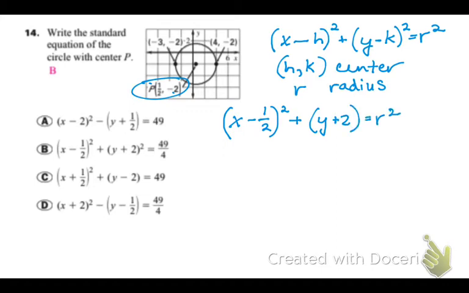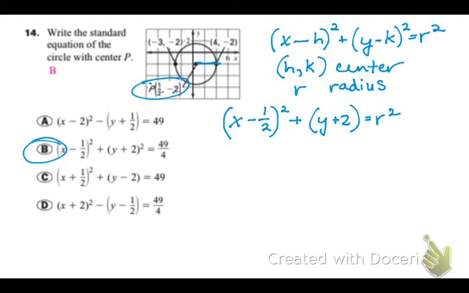Okay, so right away, that tells us the only one that has that configuration, x minus 1/2, y plus 2, is b. Okay, so we don't even have to calculate the radius, which you would have to do by finding one of these lengths. Okay. So, but you don't even need to do that. You just need to plug in the right numbers in the right way.